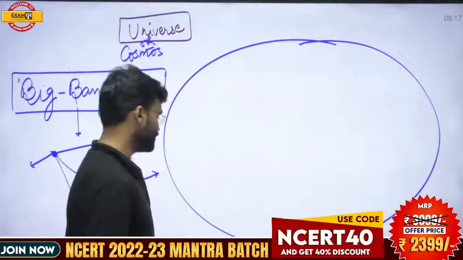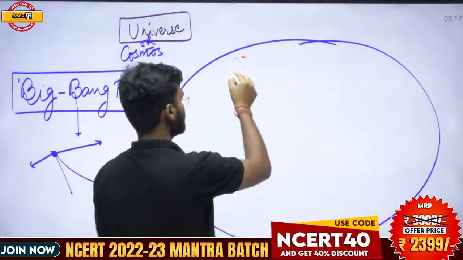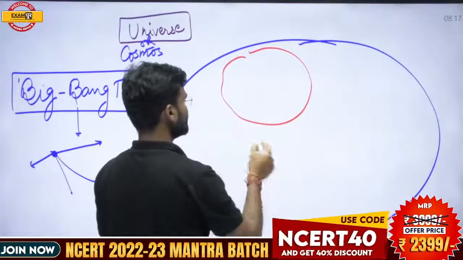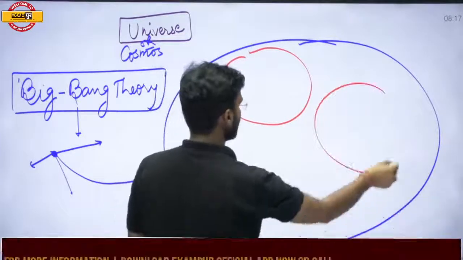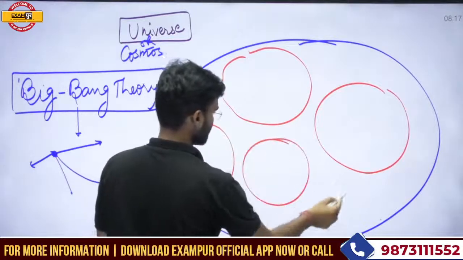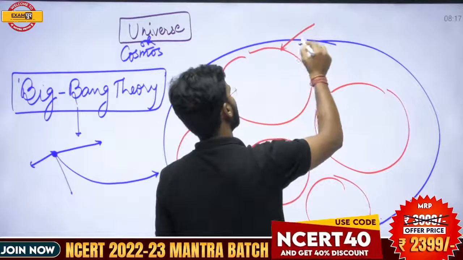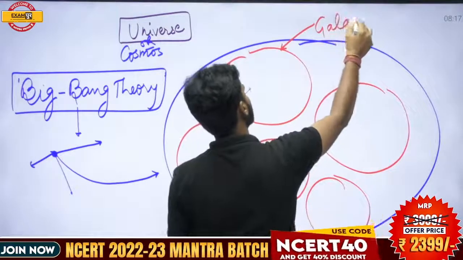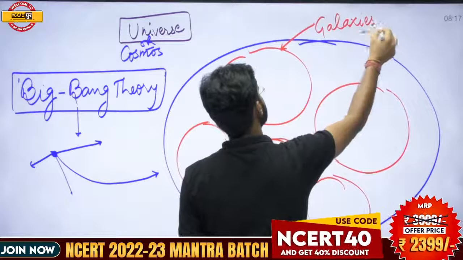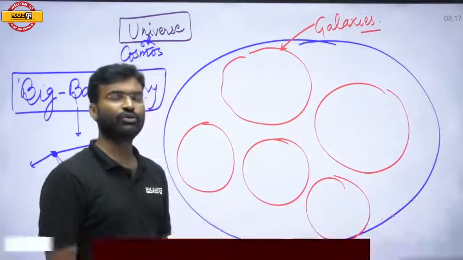Okay. So the universe consists of many galaxies. There is a universe, and this universe consists of an indefinite number of galaxies. There are many galaxies. So galaxies are the celestial objects that exist in the universe.